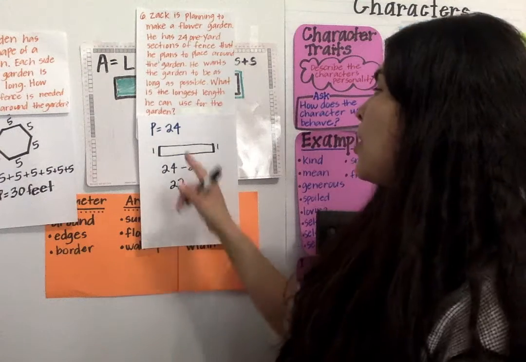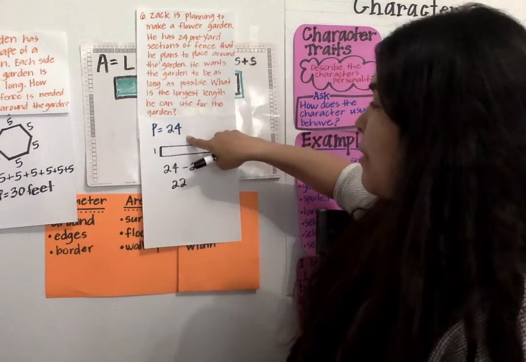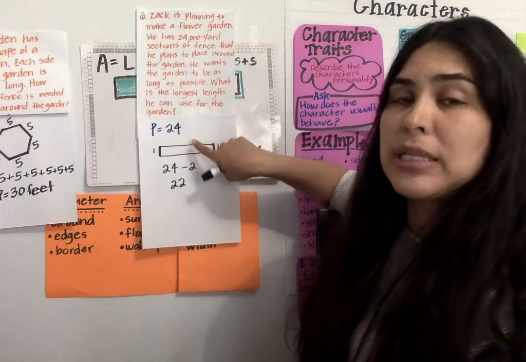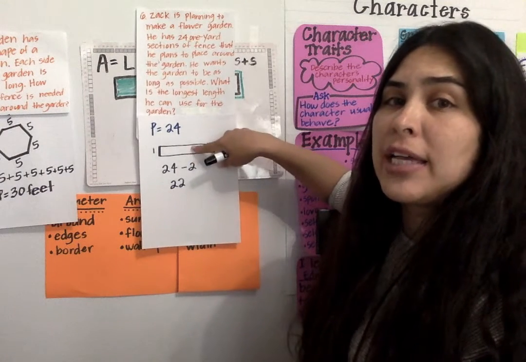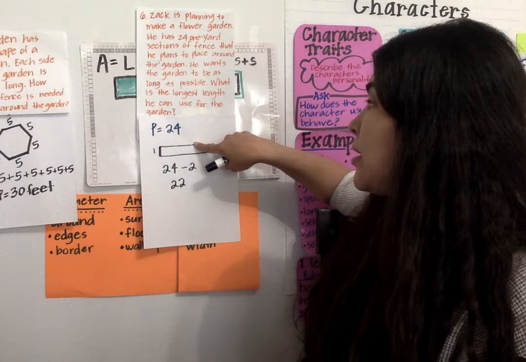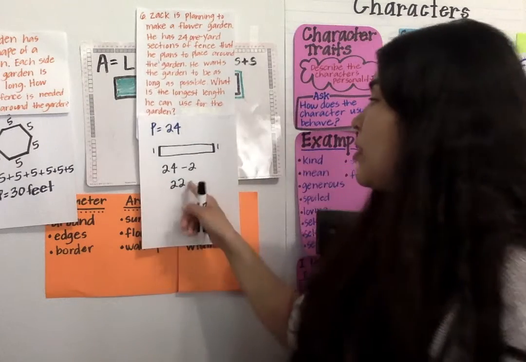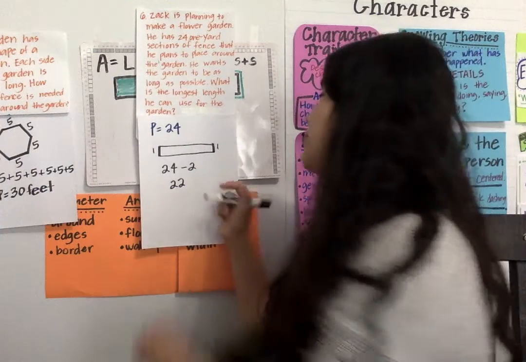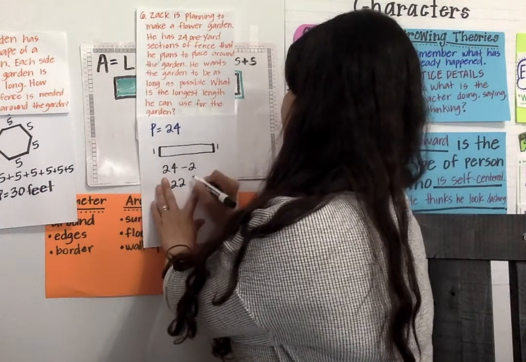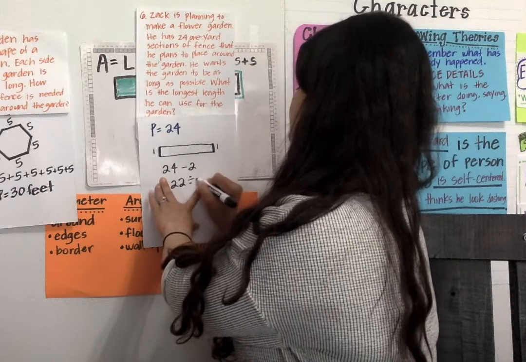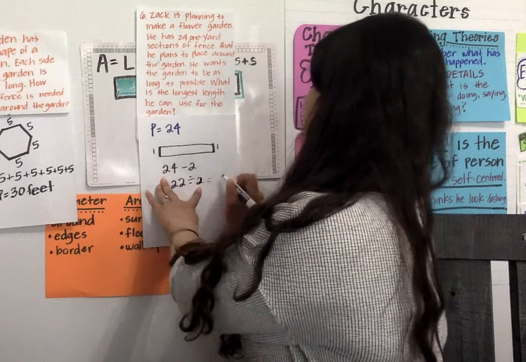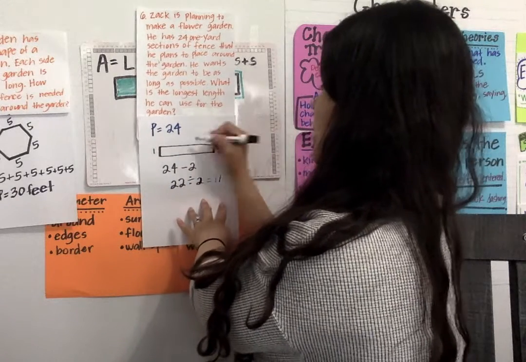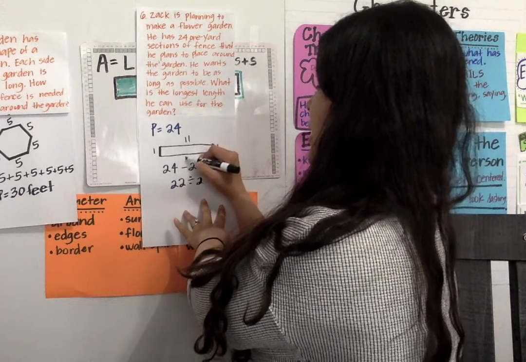And I know that both of these sides are also the same, which means that I need to divide, right? So now I'm going to divide 22 by 2. If I divide 22 by 2, I know that each side will be 11.